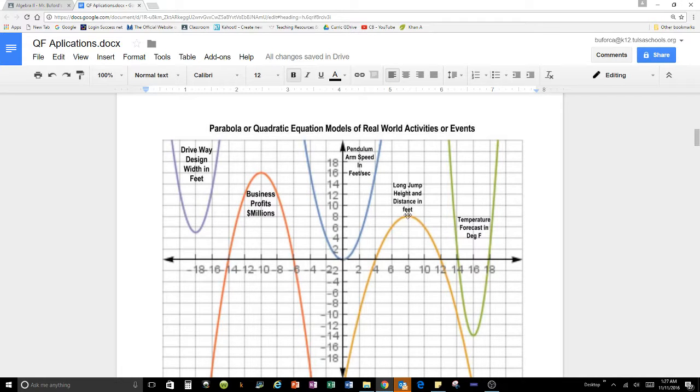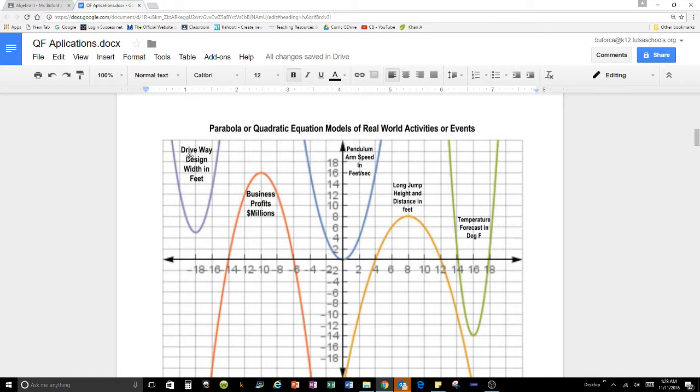For example, this parabola, its vertex, has been shifted up 8 units and it has been shifted over 8 units to the right from the origin. So that sort of information will be used to help us utilize the vertex form of the quadratic equation to model these various applications of the quadratic equation.